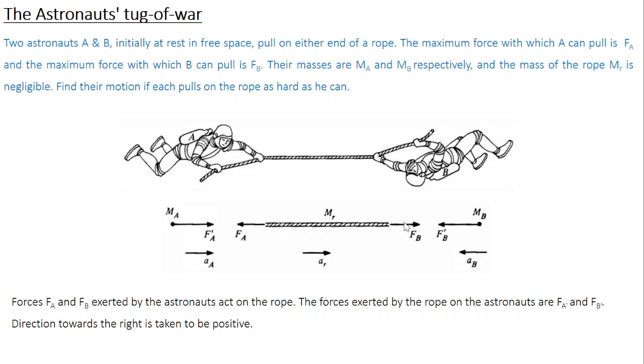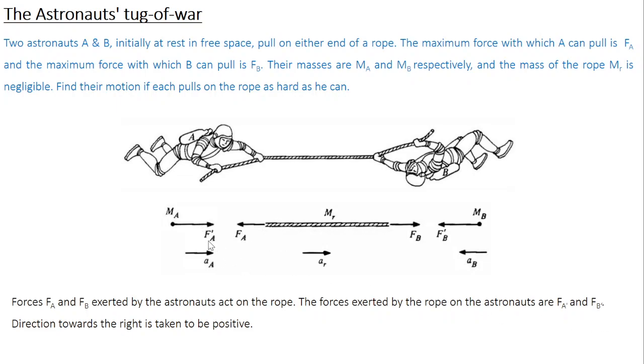So Fa and Fb are the forces exerted by the astronauts on the rope. So Fa acts towards the left, Fb acts towards the right. And from Newton's third law, the rope is going to exert an equal force in the opposite direction. Okay, so I call this as Fa prime and Fb prime.